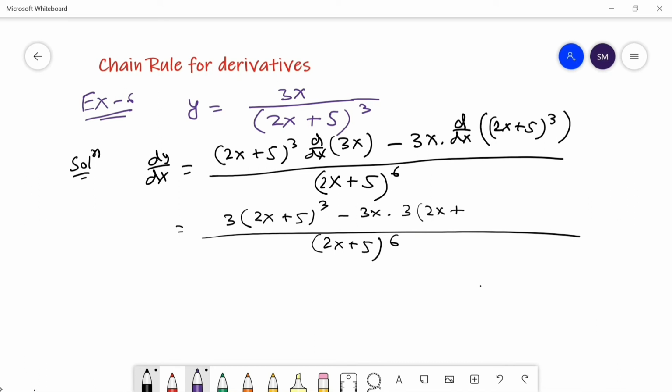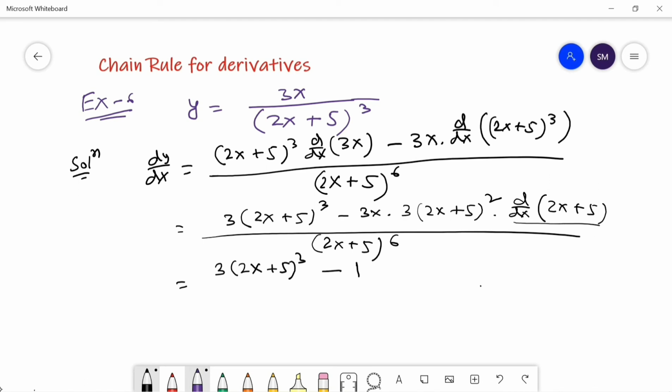So here we will apply power rule and the chain rule. So 3, 2x plus 5 to the power 2, derivative of inside function is 2. So if we simplify that, we'll get here 3, 2x plus 5 to the power 3 minus, this is 3x, 3 times 3 is 9x, and this derivative will be 2.